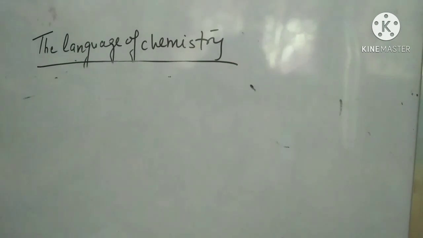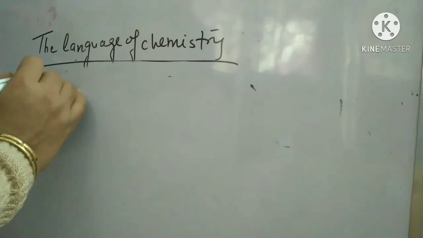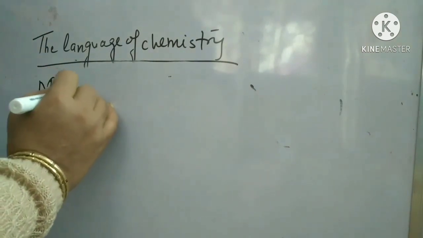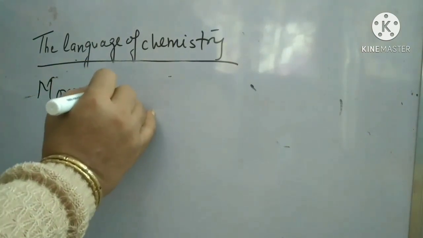Now coming to negative ions or radicals. In this we will see again about monovalent elements.